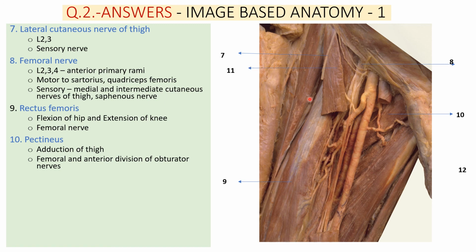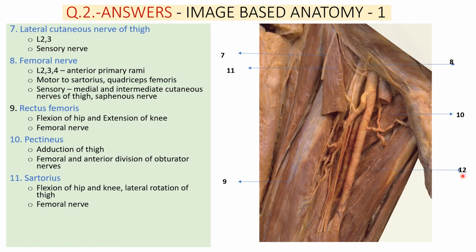Then coming to the 11th one, it's a muscle. It's called the sartorius muscle, which forms the boundary for the femoral triangle, and its action is it's a flexor of knee and hip, because it crosses both the joints, and it is also lateral rotator of thigh, and it is supplied by femoral nerve.